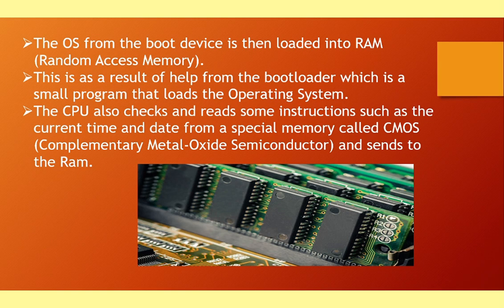Also, the CPU checks and reads some instructions such as the current time and date from a special memory called CMOS. CMOS stands for Complementary Metal Oxide Semiconductor. This information is also sent to the random access memory.